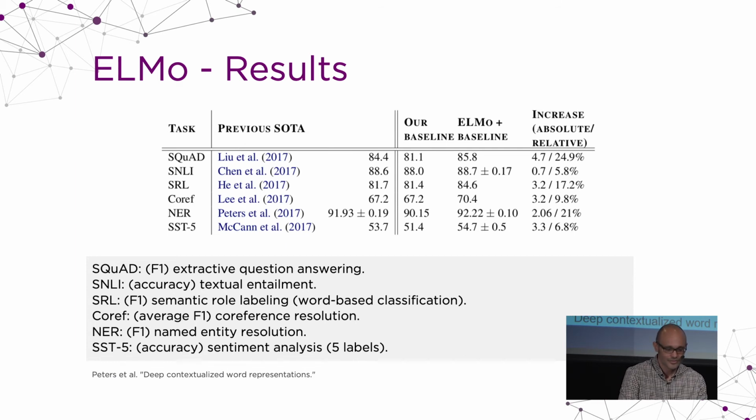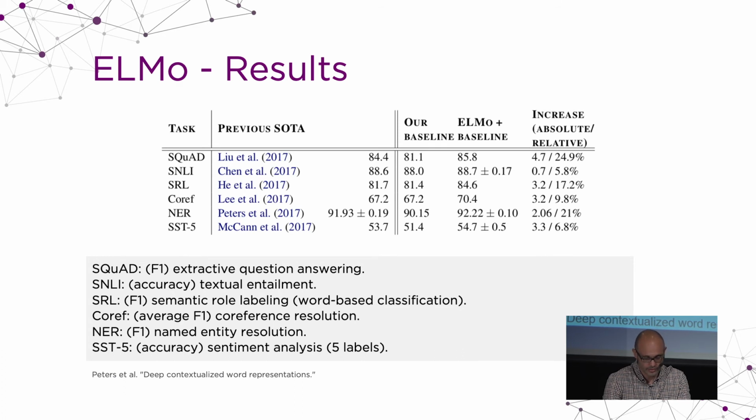So, results for Elmo, I will not go into details. Here, basically, some of the tasks that you see are the ones that we saw at the beginning of this presentation. Some of them, instead, like coreference resolution, is just solving the pronouns in a sentence. But in the end, you can see that the interesting part is this last column. In this last column, they are comparing the results of using one model, which they call baseline here.